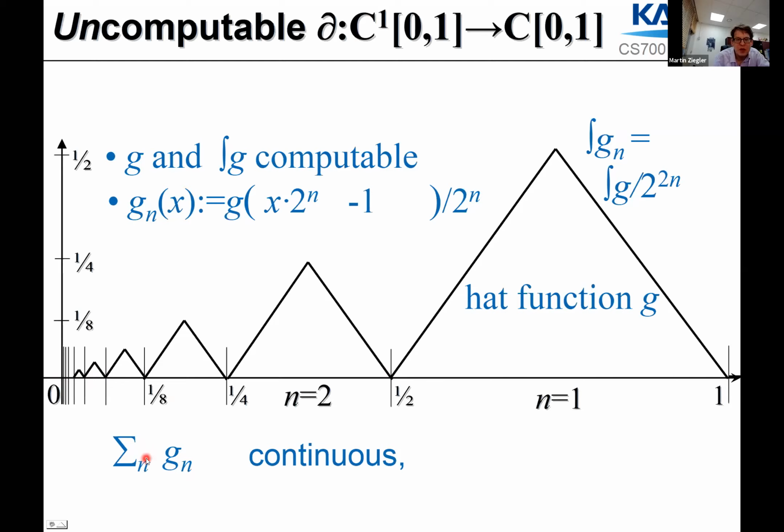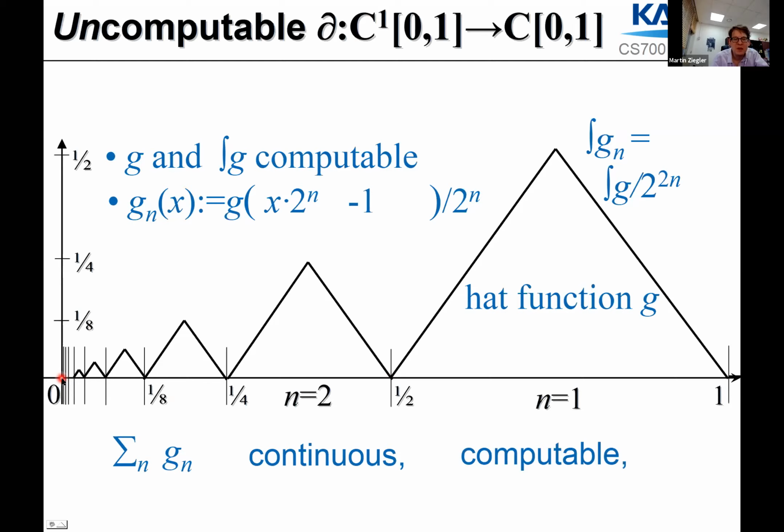For any single point, the sum is actually trivial, has only one non-zero term at most. And this resulting function is computable, right? We've been careful enough to make sure that when we glue these individual heads together, they have agreeing values. And the only difficult point here is at 0.